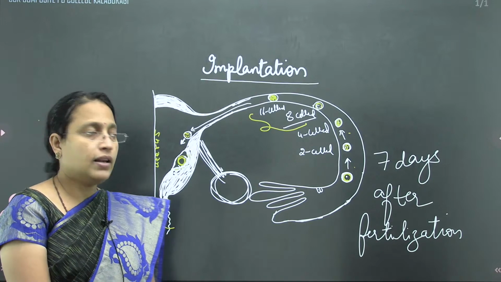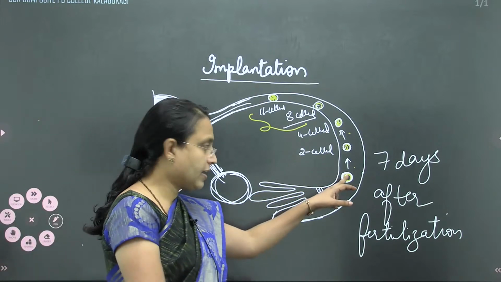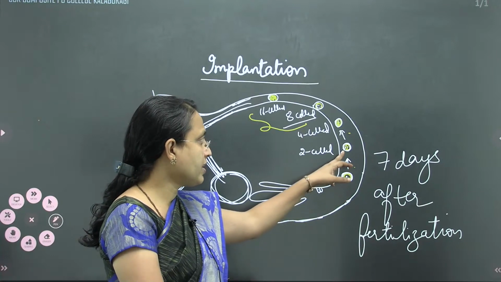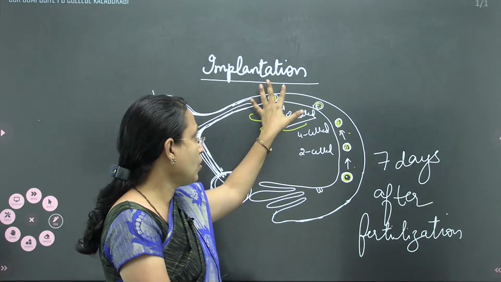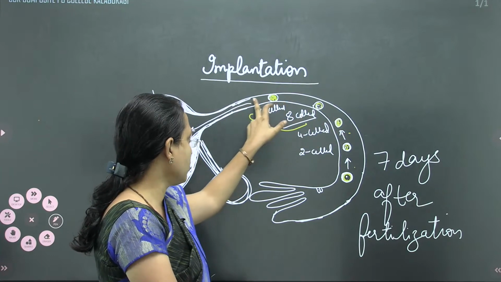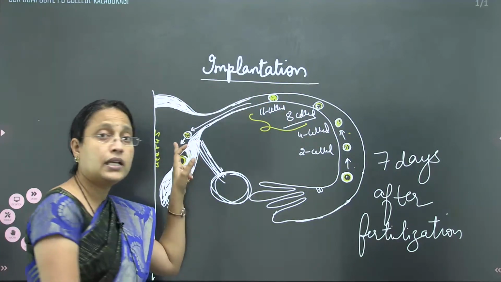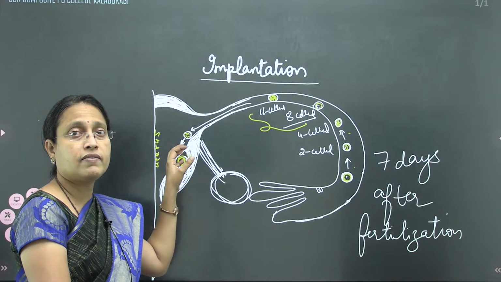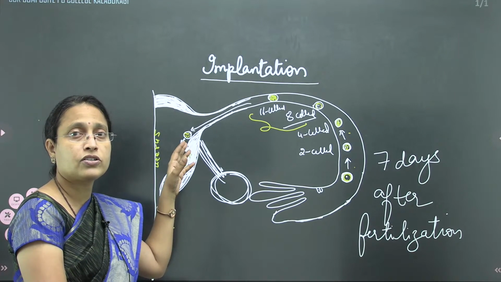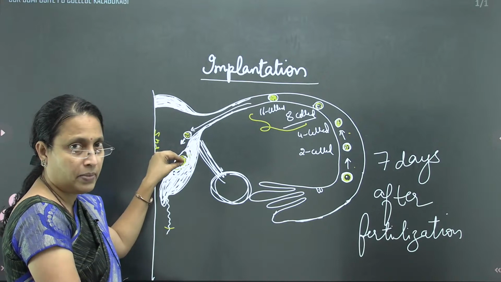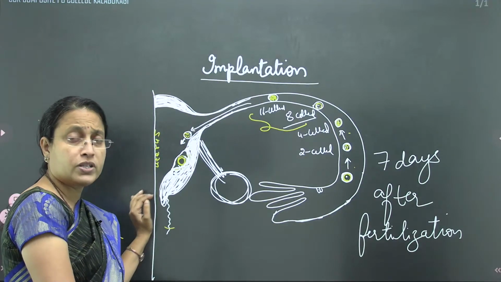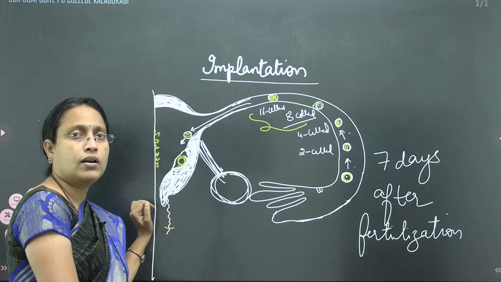So in short, when the zygote is fertilized in the ampullary region, it will undergo a special kind of division called cleavage to ultimately form a morula. Morula remains in the fallopian tube and slowly comes into the uterus. In the uterus, it will undergo blastulation and a structure called blastocyst is formed that is going to bury in the endometrium, thus transforming the endometrium into decidua.